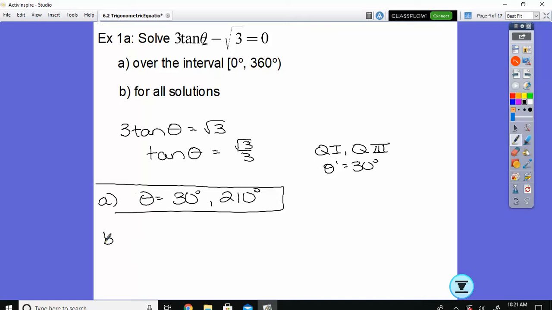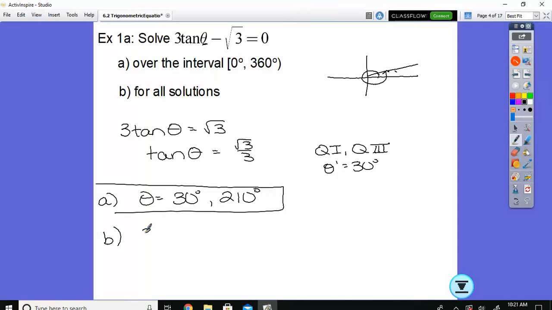Part B, when I say all possible solutions, okay, so this worked at 30 degrees, and if you go all the way around the circle and come back to 30, it works again. And if I go around again, every time I hit that value, it would happen, right?